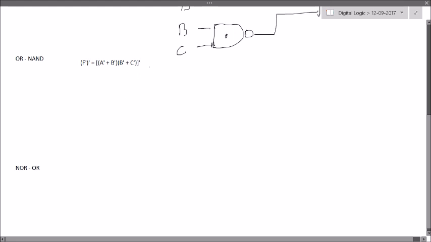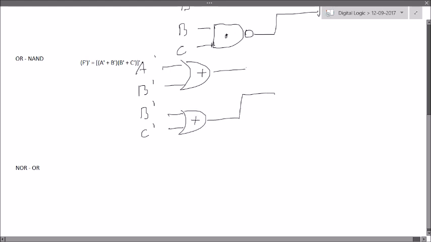A prime plus B prime, and this is, sorry about that, an OR gate. And then B prime, C prime, this is also an OR gate. And we take them to a NAND gate.